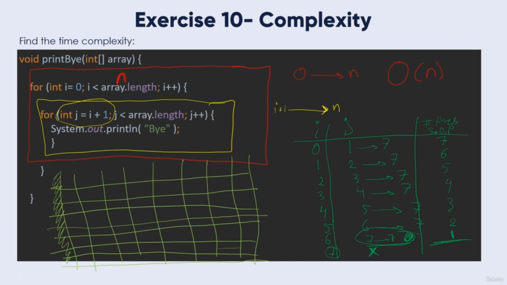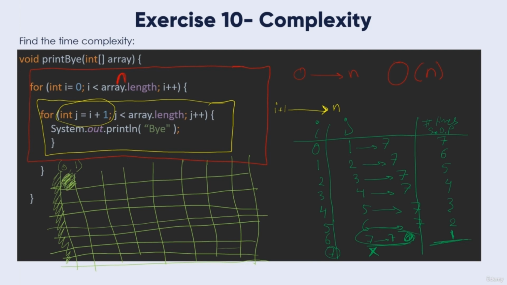But since we have this type of algorithm, we start from i equal to 0. Think about i as iterating through here, and we start from i equal to 0 and j equal to 1. So we will occupy this.